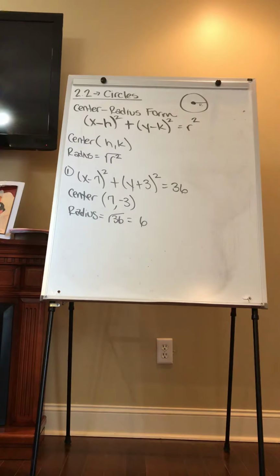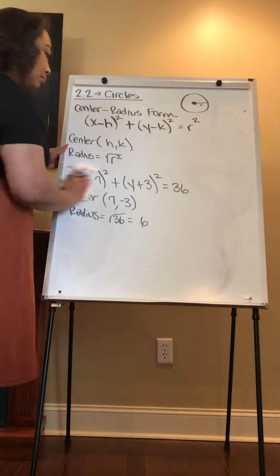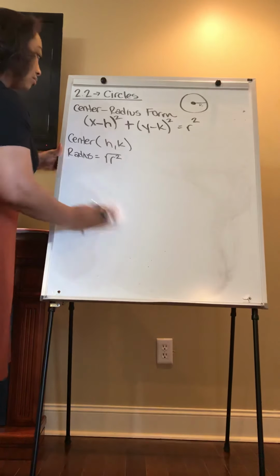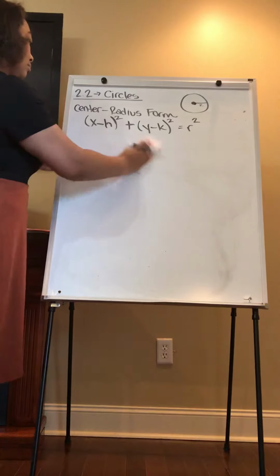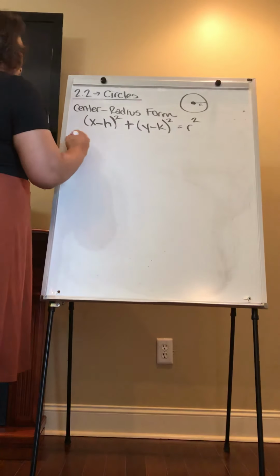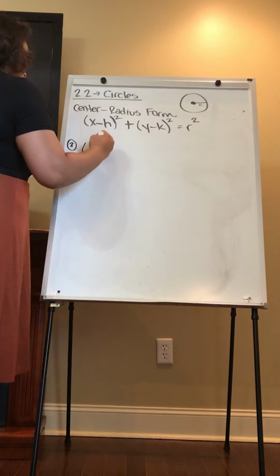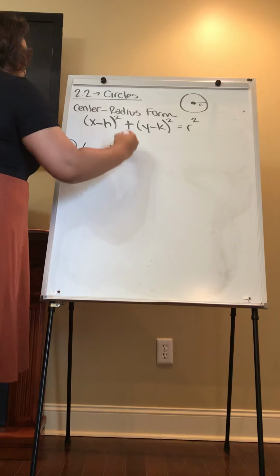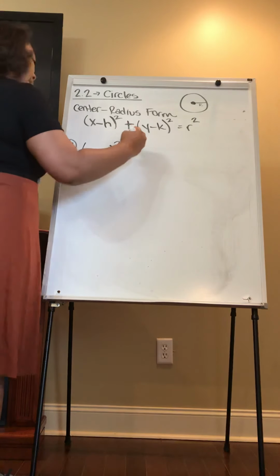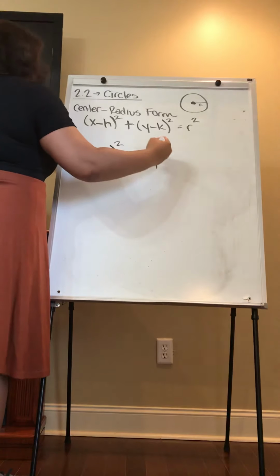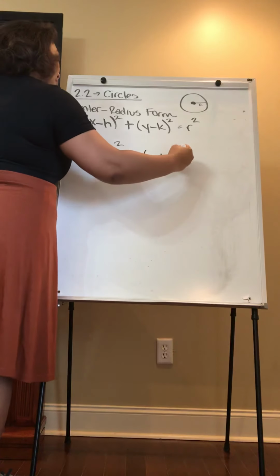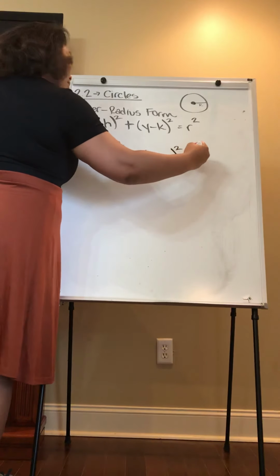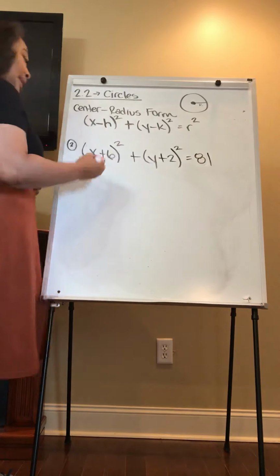What if you had the circle (x plus 6) squared plus (y plus 2) squared equals 81.